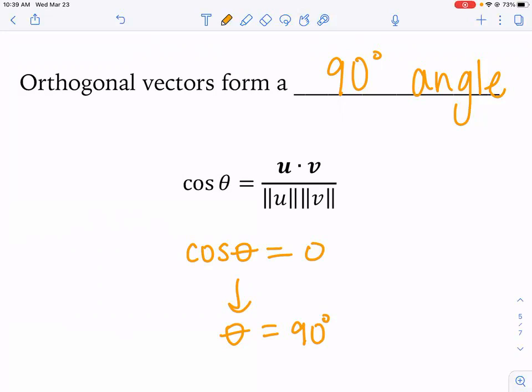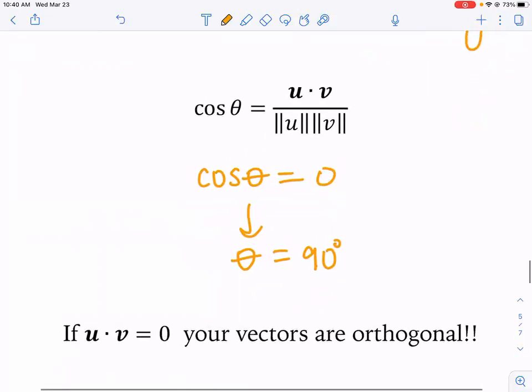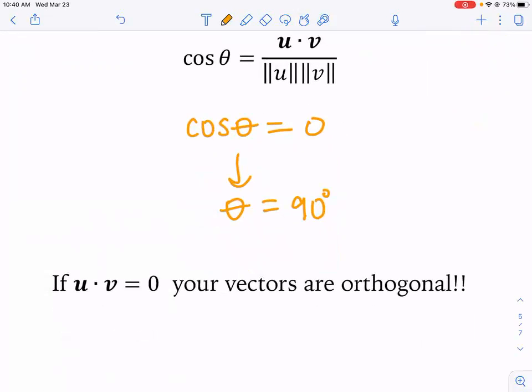Which means if our numerator is 0, the entire fraction is 0. So if u dot v is 0, then you know your vectors are orthogonal.